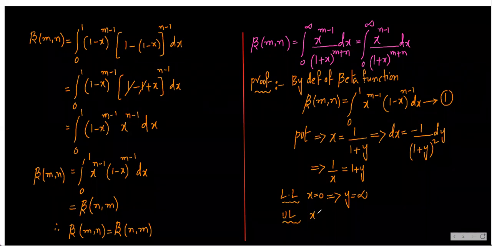In place of x, if you put 1, 1 by 1 is 1. 1 is equal to 1 plus y, 1 cancelling on both sides, which means that y becomes 0. So where is the change? Lower limit becomes infinity, upper limit becomes 0. If you apply this special substitution.